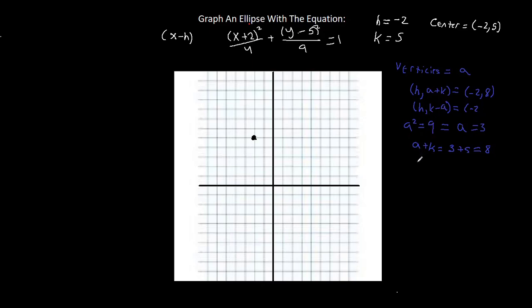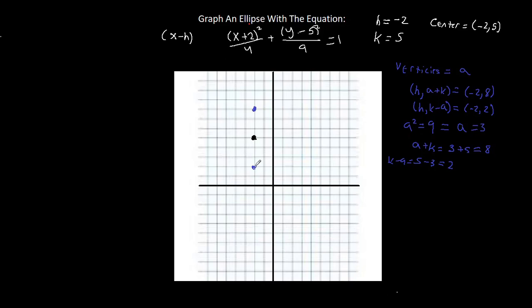Sorry, k minus a is equal to 5 minus 3, which is equal to 2. So our vertices are going to be -2, 8, 1, 2, 3, 4, 5, 6, 7, 8, and -2, 2.